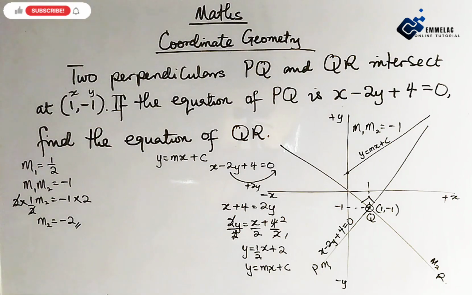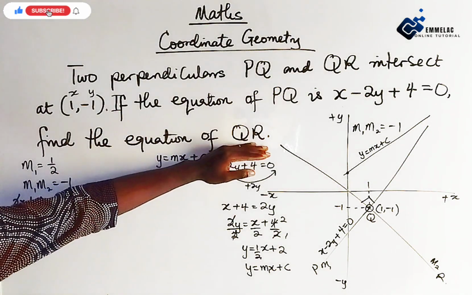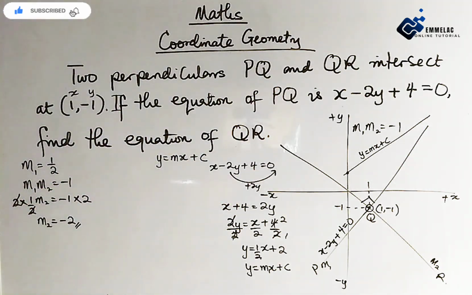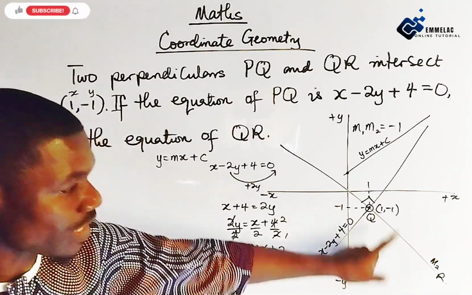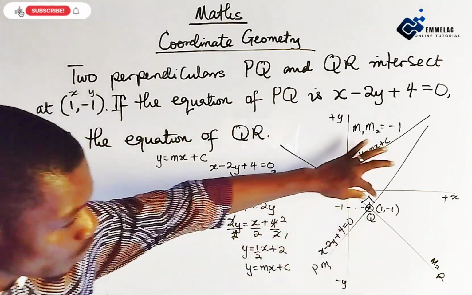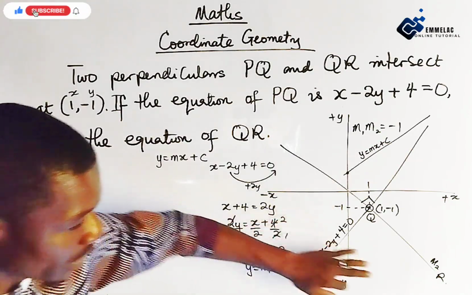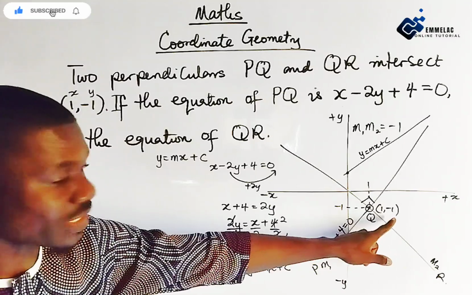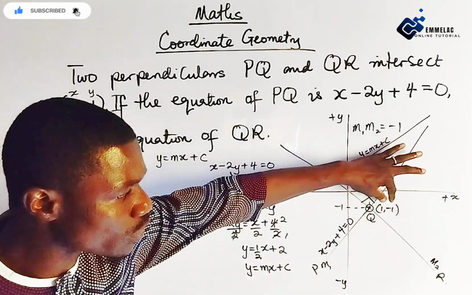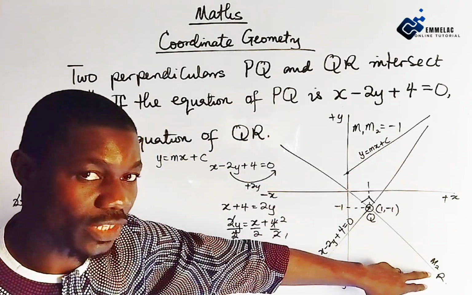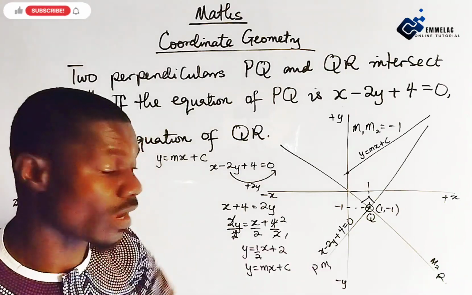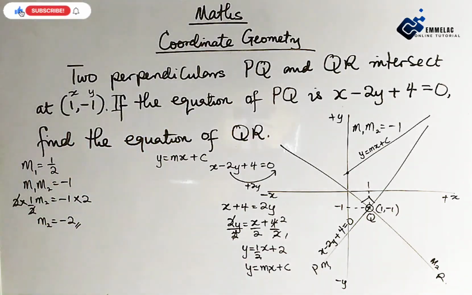Now this is not the last result. The last result is to find the equation of QR. We now have the gradient for this line, and take note, the coordinate that connects both m1 and m2 is 1 and -1, which implies that we can also make use of this coordinate for the equation of m2.